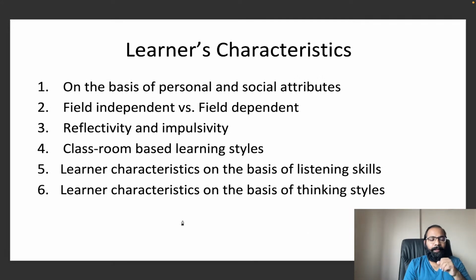Okay. Next, a few more learner characteristics. On the basis of personal and social attributes, this point we already covered, right? Personal means what is the age, and from which place that person is coming. Social means how well the person is mingling with others. Next, 2, 3, 4, 5, and 6 are the few more learner characteristics that we are going to see.